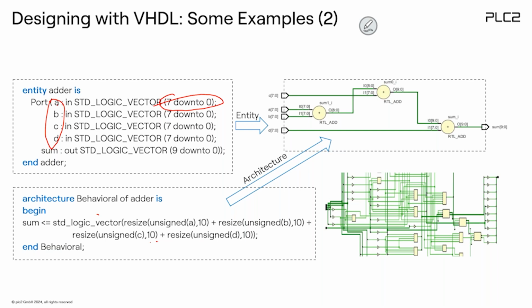What you basically see here is sum is nothing else than A plus B plus C plus D. That's actually what we see here. You know, this is A plus B, this is plus C, and this is plus D. Okay. So now something to note first.